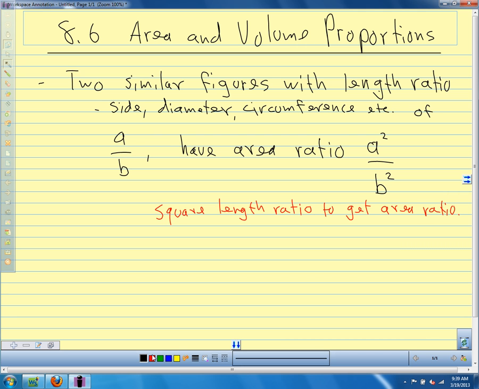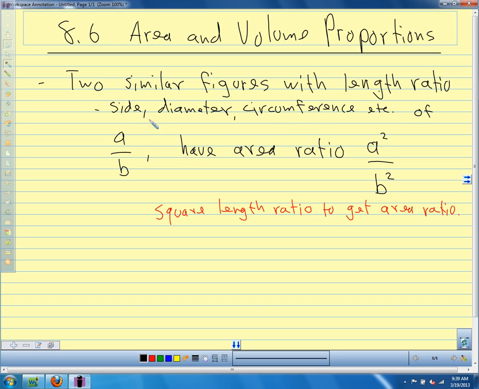And if we think of our units for length and area, we know that length has just units: inches, meters, whatever. And area has units: square inches, square yards, square miles, something. So to go from length to area, we have to square. To go from a length ratio to an area ratio, we square it.